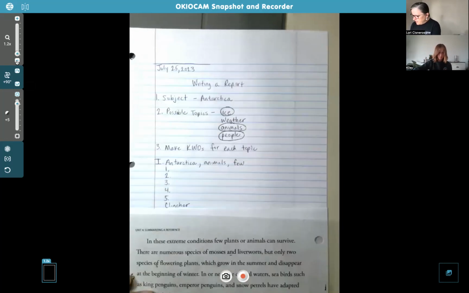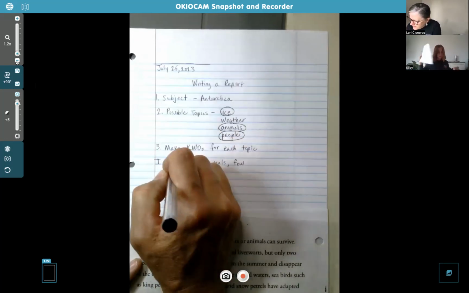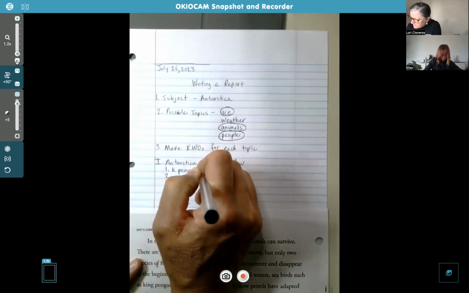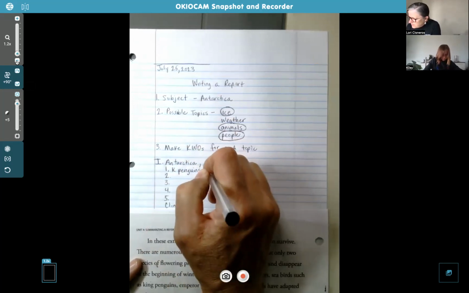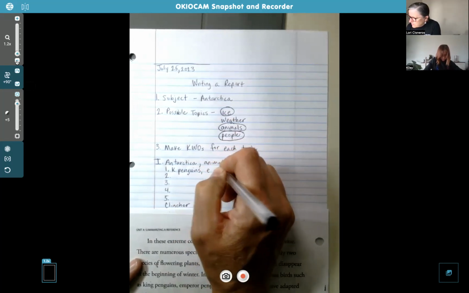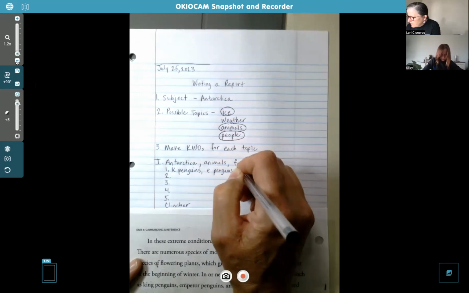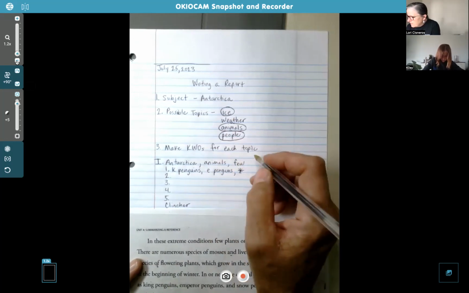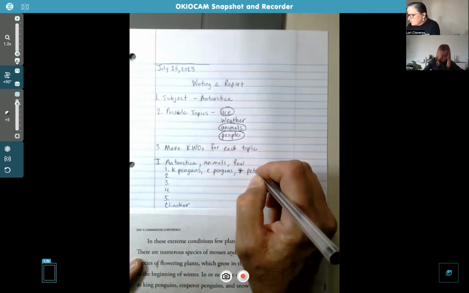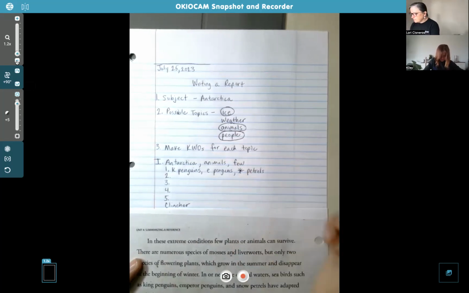Okay, so let's put K penguins. I like that idea. And then E penguins. And I do my snowflake simple like that. I just do a plus sign and then an X over the top of it. Petrels. Okay, good.